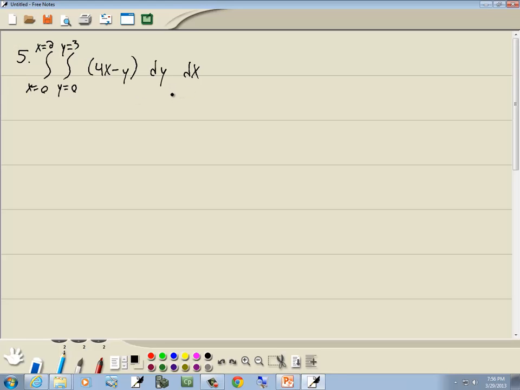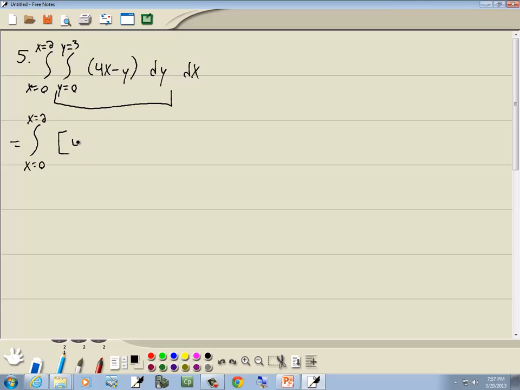Well, what we do is we take the integral of the inside one first. So it's like I'm ignoring the outer one, so it just carries down. So we're going from x equals 0 to x equals 2. And take the integral of this. And again, we're doing it with respect to y, so the x is a constant. So I got 4x here.